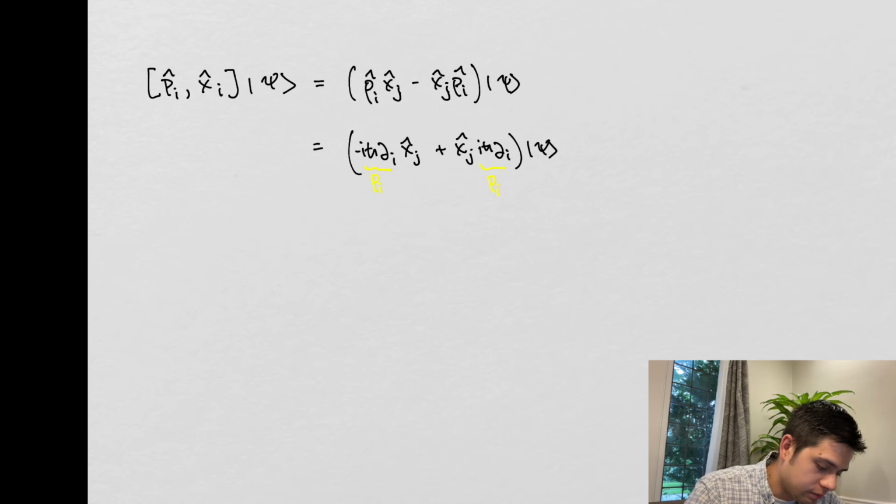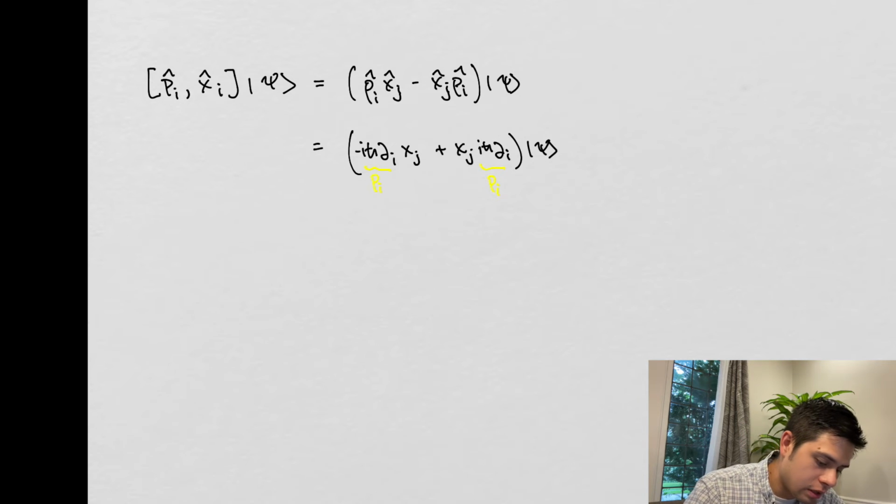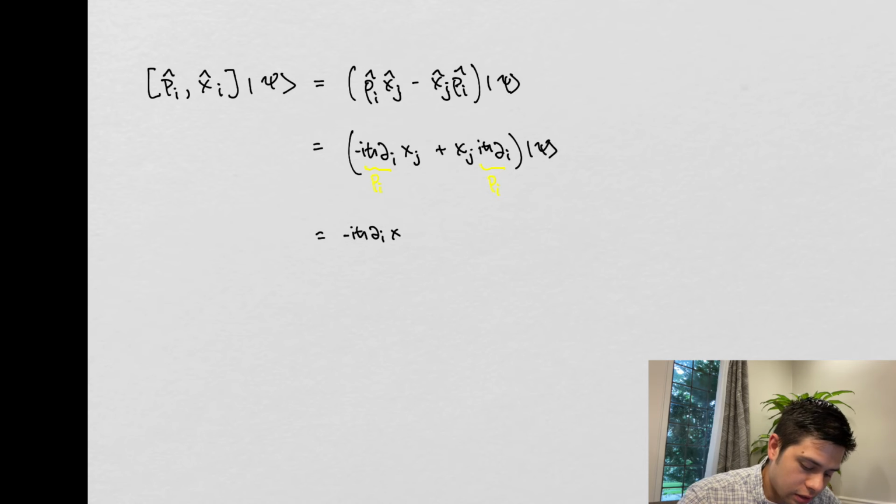And actually, I want to get rid of these hats because they're no longer operators in this case. So we're going from operator notation, with these hats, to actually seeing what these operators are. And then this is going to be equal to i h-bar d_i x_j.